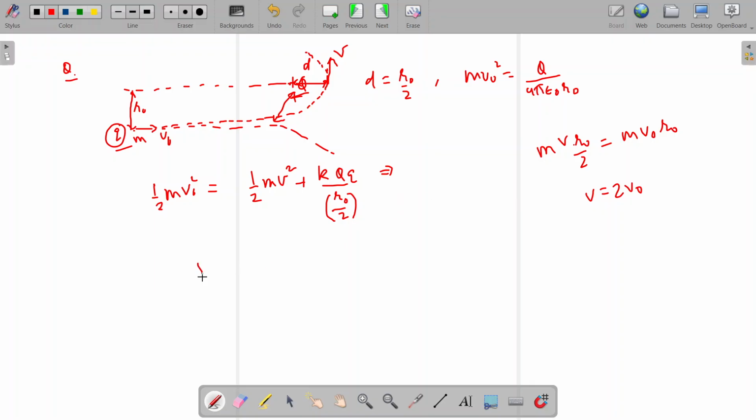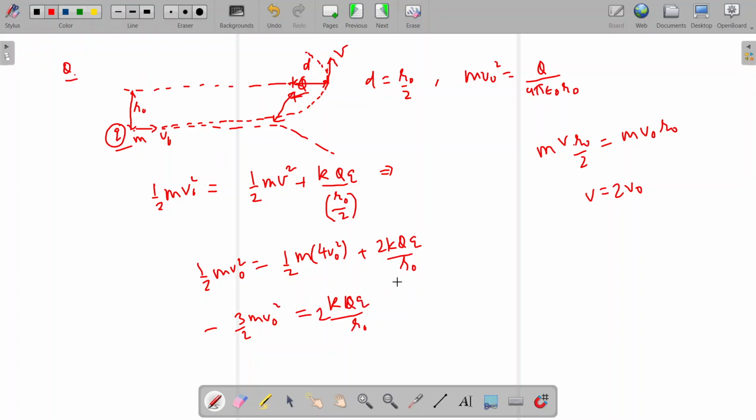Putting that here, we'll get half m v naught square is equal to half m 4 v naught square plus 2 k Q small q divided by r naught. So this value becomes minus 3 by 2 m v naught square is equal to 2 k Q small q divided by r naught.